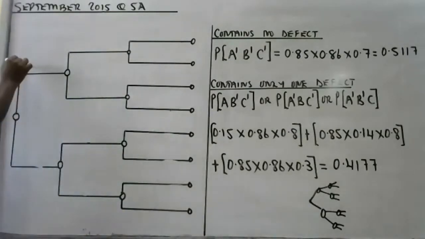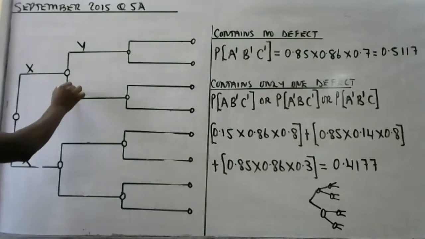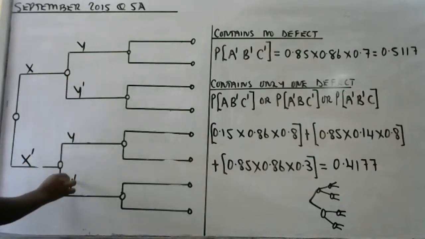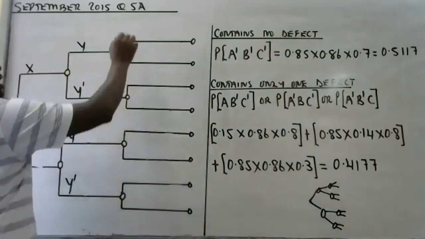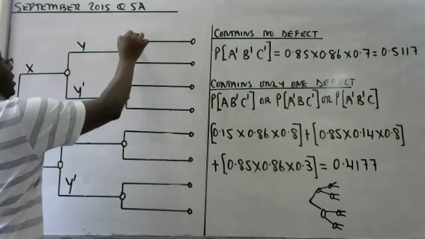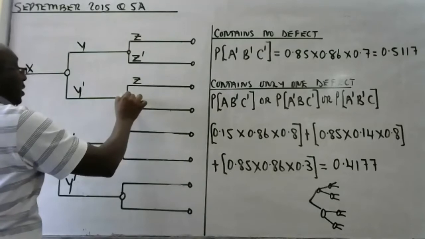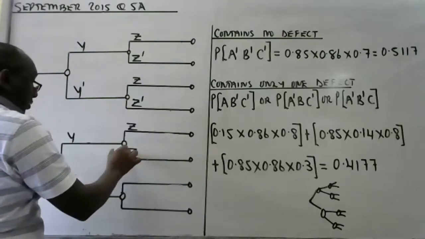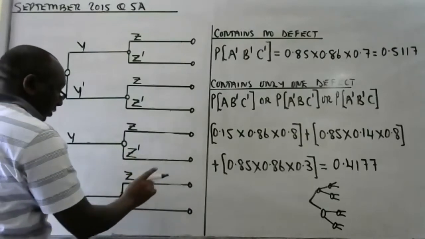So it is either X is working or X is not working, Y is working or Y is not working. Then Z is working or Z is not working, Z working, Z not working, Z working, Z not, Z working, and Z not.